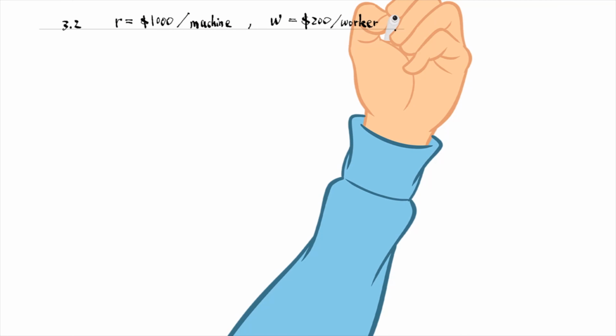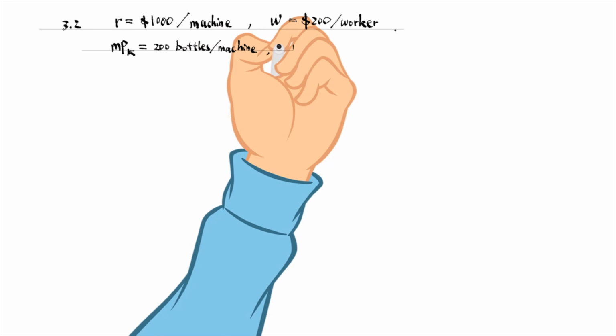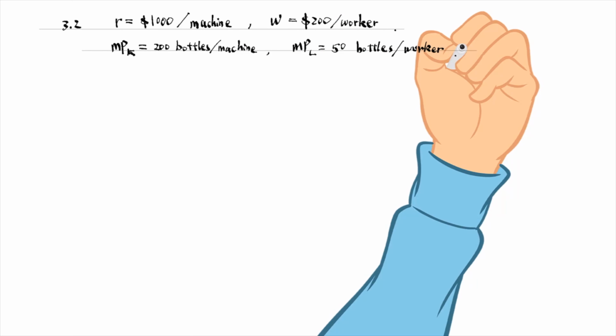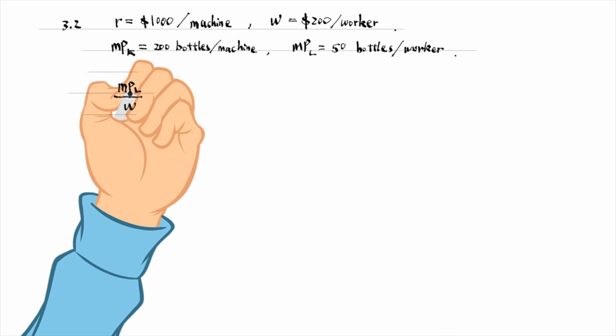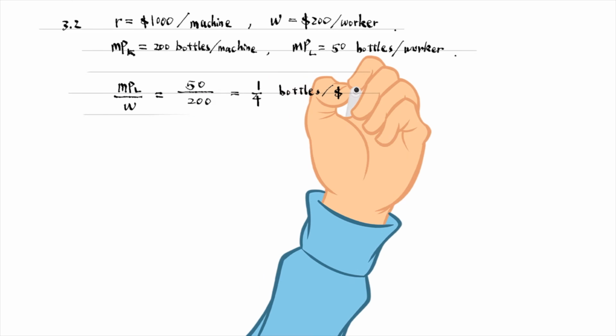The wage rate is $200 per worker. The marginal product of capital is 200 bottles per machine. The marginal product of labor is 50 bottles per worker. The marginal product of labor divided by the wage rate is the marginal product of the last dollar spent on labor.